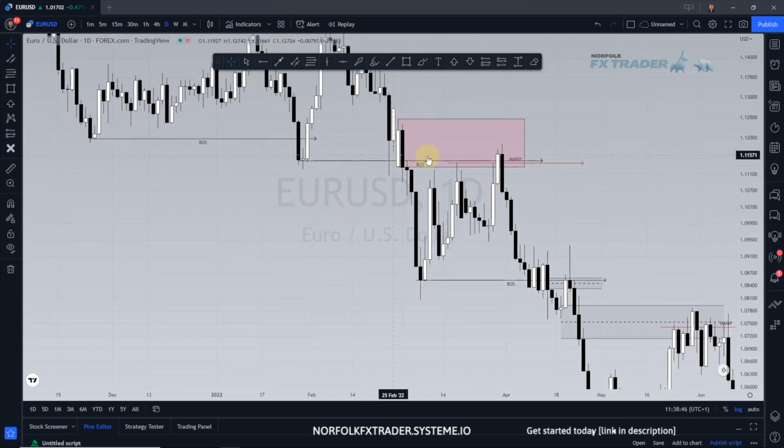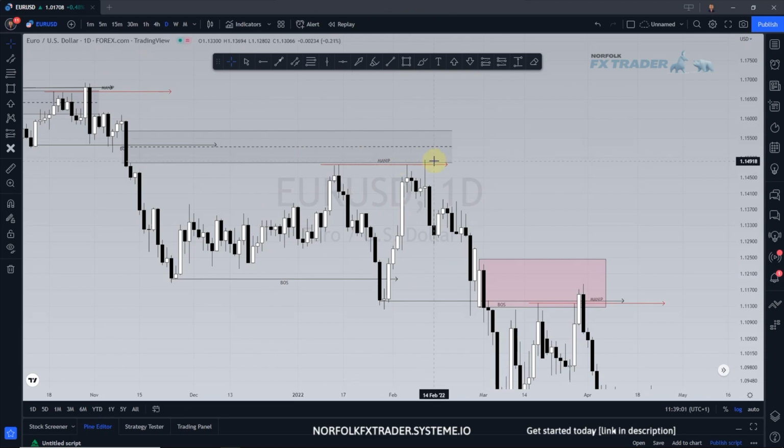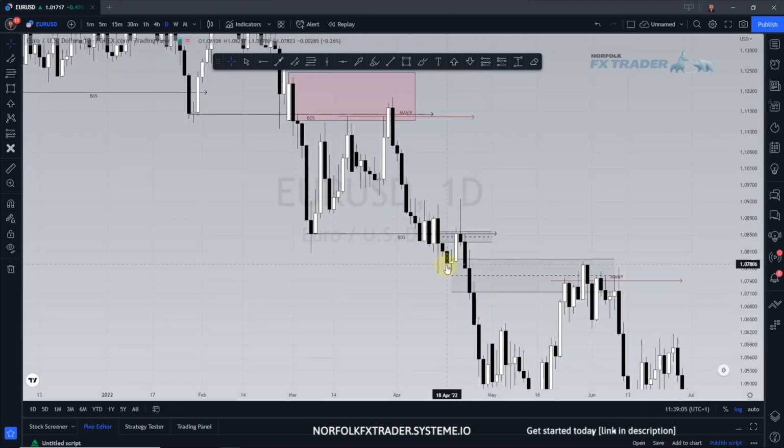Now on a lower time frame here, we may find a better zone. We may find even an area of imbalance. But there's your manipulation on your pullback, looking for the lows to be taken, break structure. Remember, when we're looking for any entries at these highs, where we're going to target are these previous lows. So the market again breaks out. There's no area here.